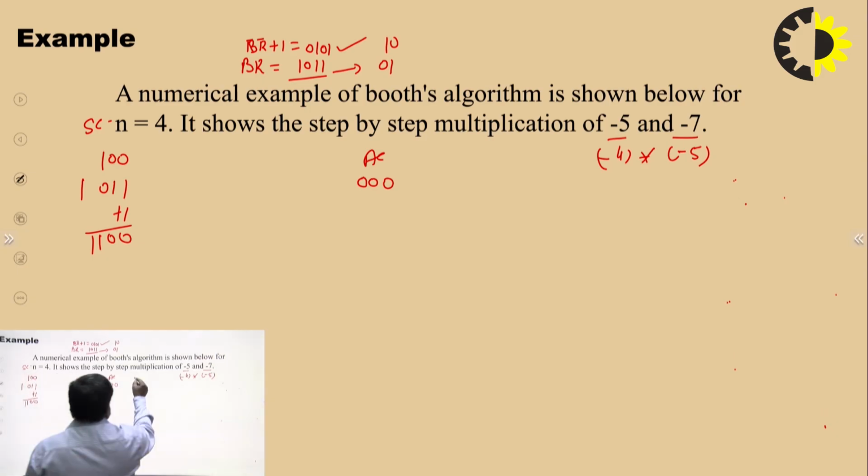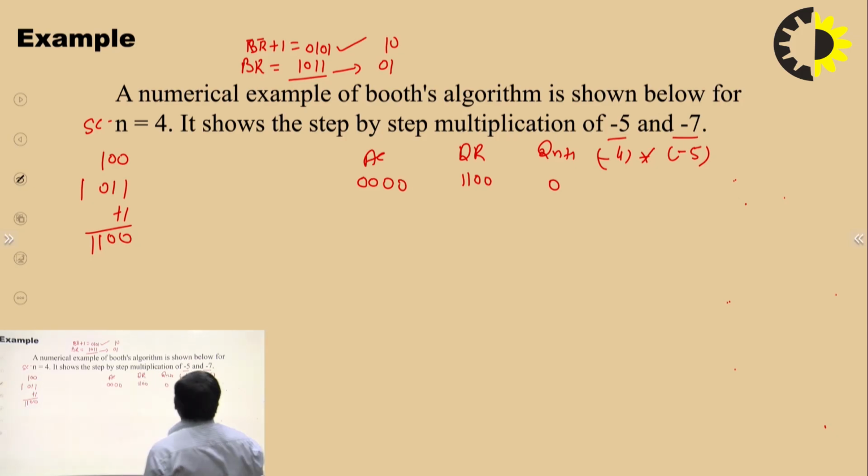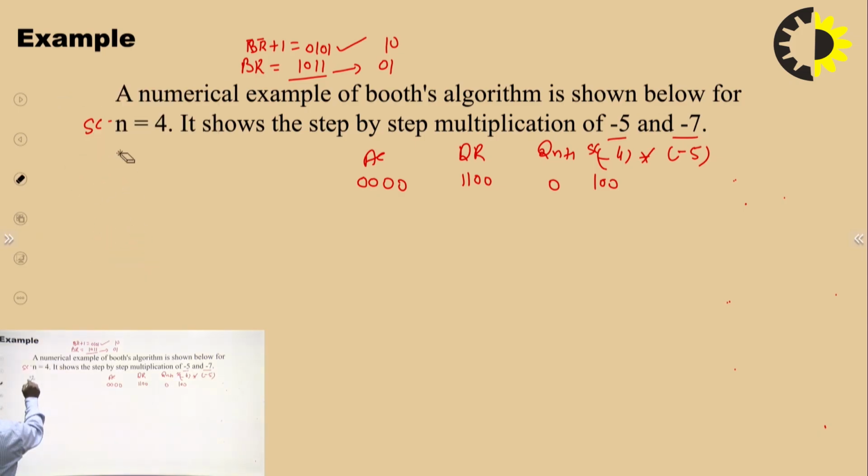Now in QR, that is 1, 1, 0, 0. In Qn plus 1 in starting 0, and what is the value of SC? SC is just 4, 1, 0, 0. Now what is the minus 5? That is BR.